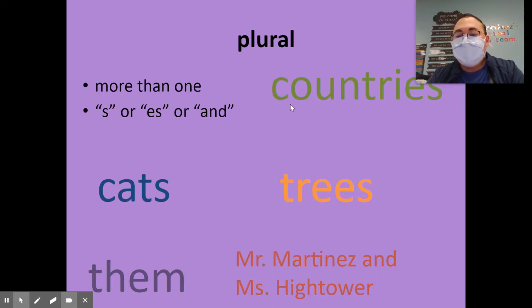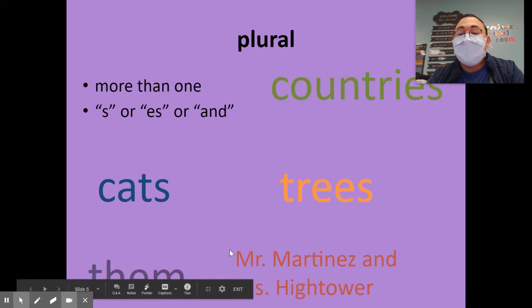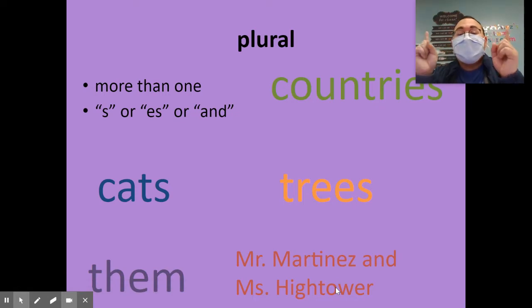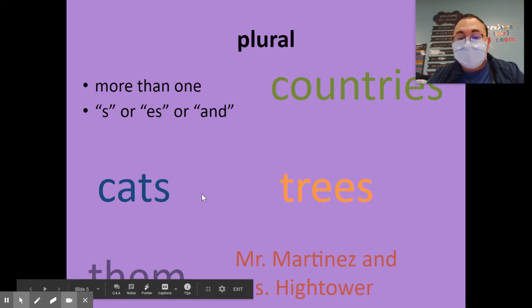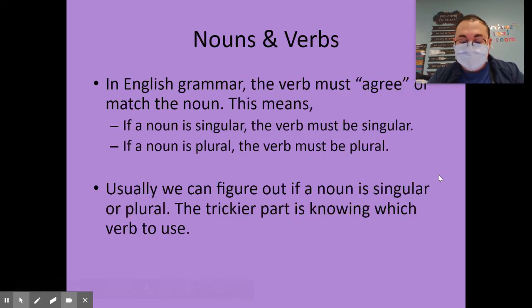Countries, cats, trees, them, Mr. Martinez and Miss Hightower. So even though I'm naming two separate people, they're still talking about two people because they're combining them using Mr. Martinez and Miss Hightower, right? So singular means one, plural means more than one, okay?